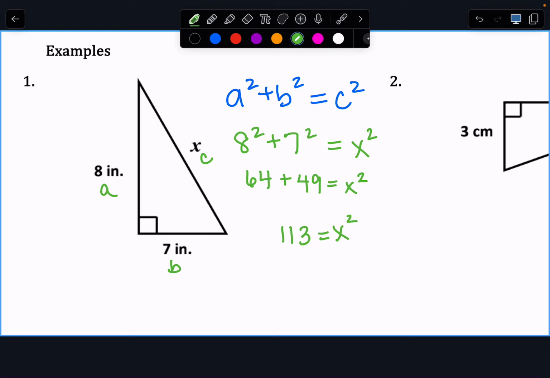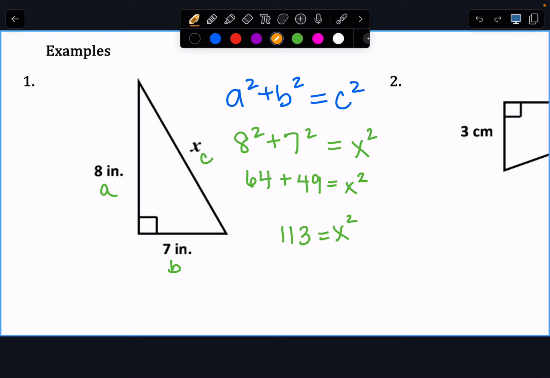Now, I don't care what X squared equals. I care what X equals. How do I get rid of this square? Nope. That would be true if it was multiplied by 2, but it's squared. Nope, not times 113.